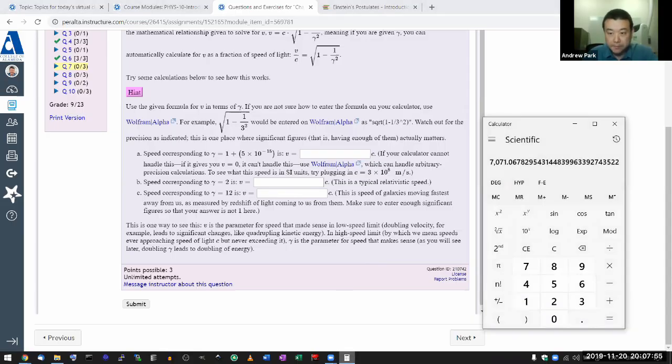So let me get my calculator out. Let me do 1 divided by gamma squared, which will be parenthesis 1 plus, 1 plus this super tiny number, 5 times 10 to the power of 15, close the parenthesis.